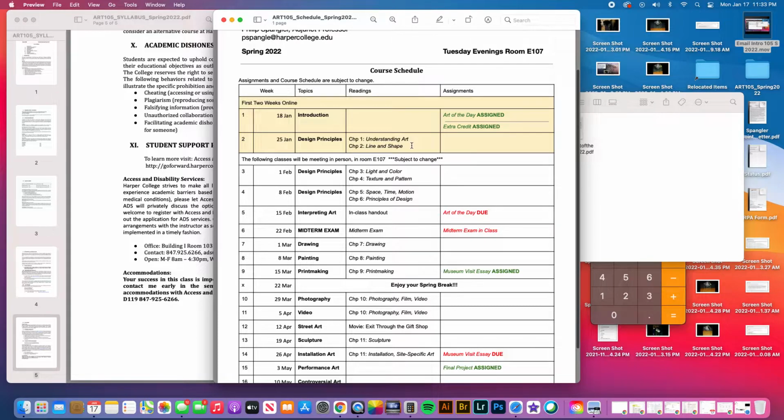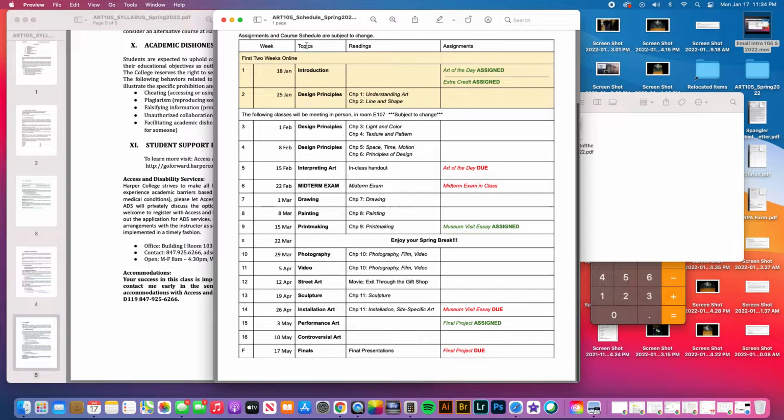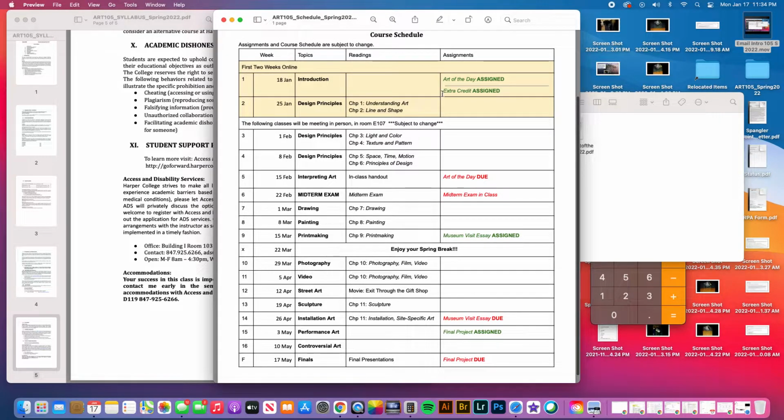So you will absolutely need to come to Blackboard to find your next week's lectures, as well as, of course, this week. If we go down here, we've got the week, the topics, the readings that are required, and then the assignments. I've got a handy color coding that lets you know when assignments are assigned. You've got your art of the day assigned today and your extra credit assigned today.